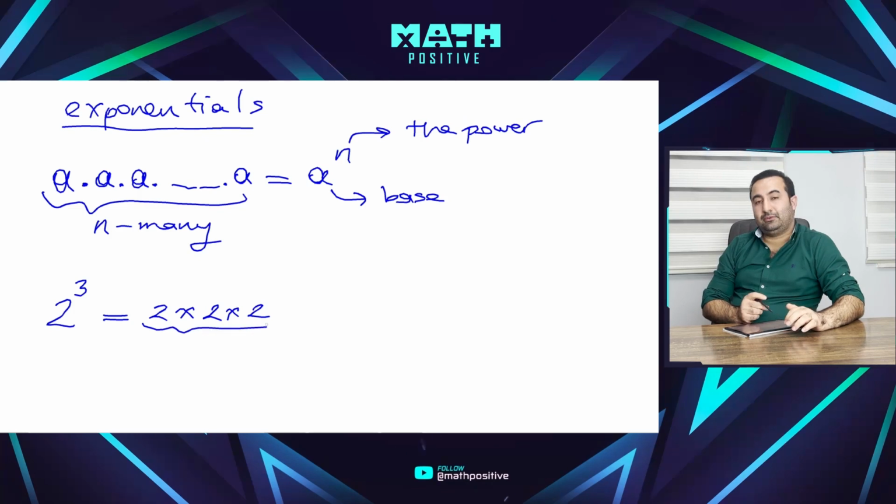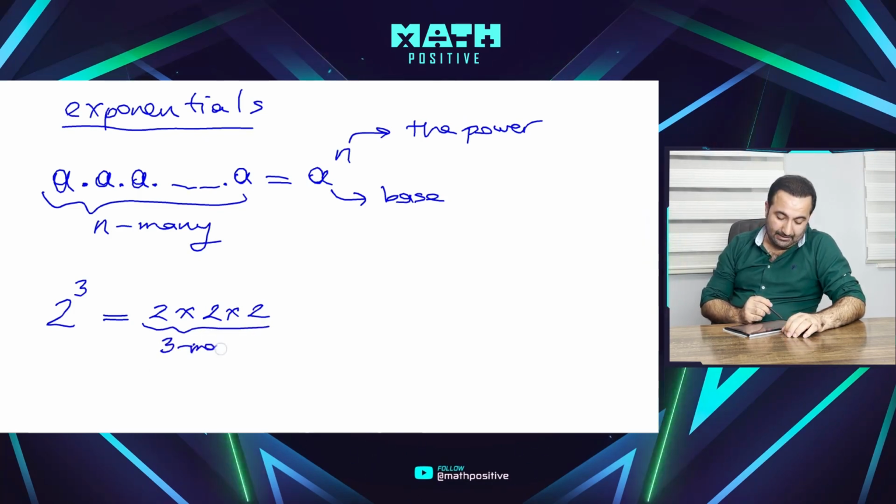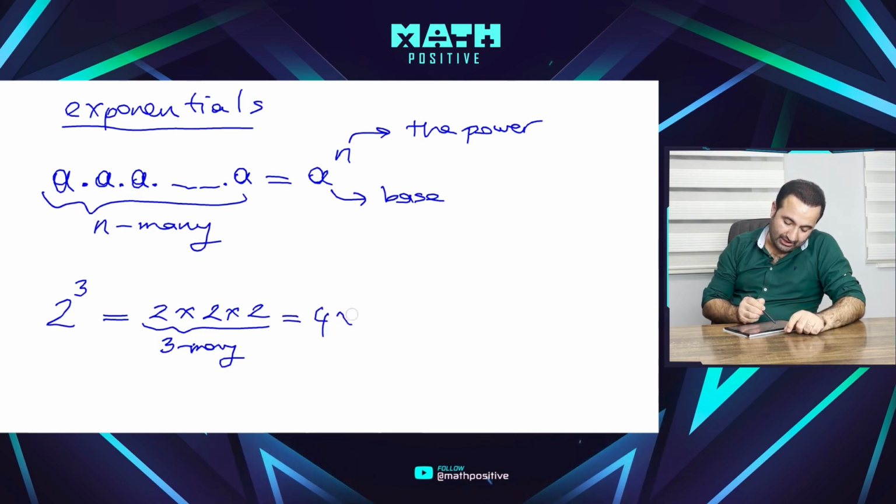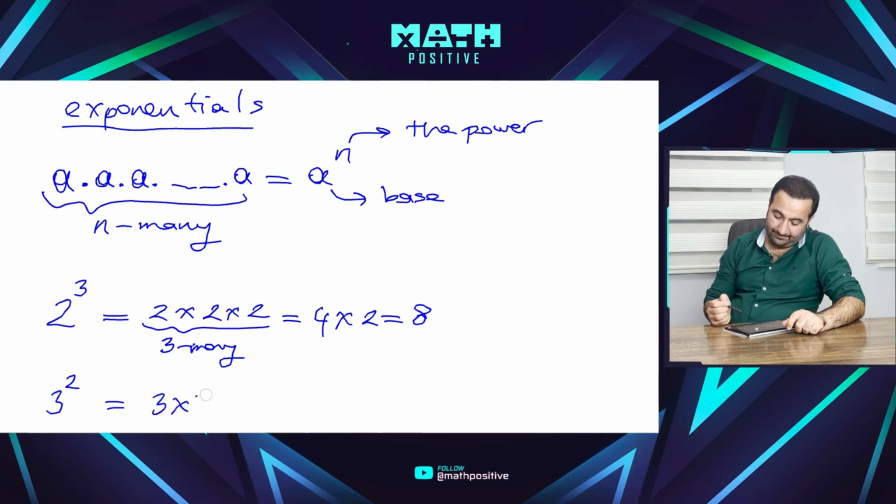For example, if we have 2 to the power 3, it means 2 times 2 times 2, 3 of these. We will have 2 times 2 equals 4, and 4 times 2 equals 8.